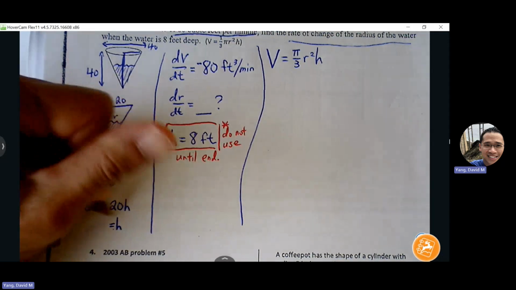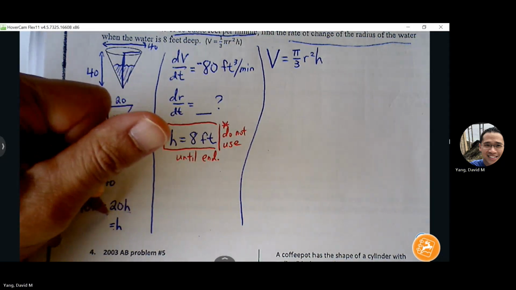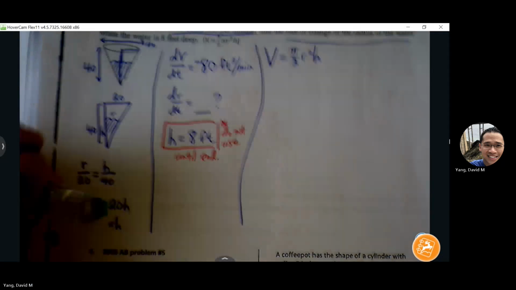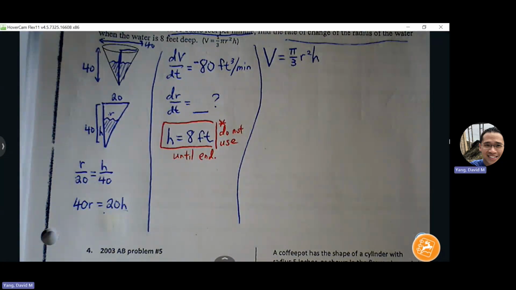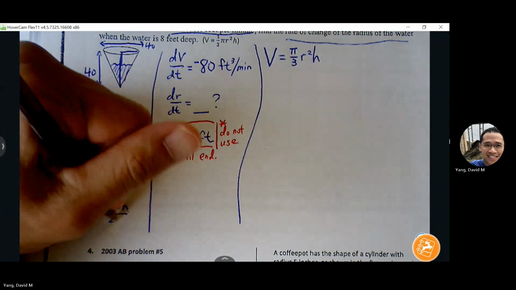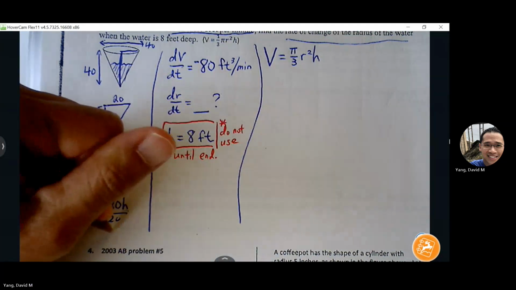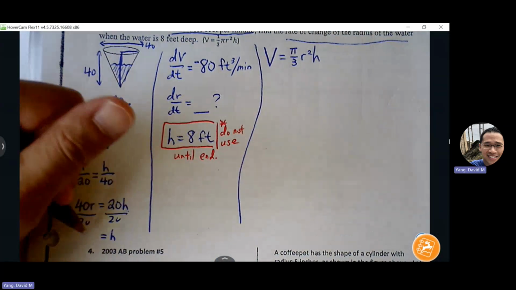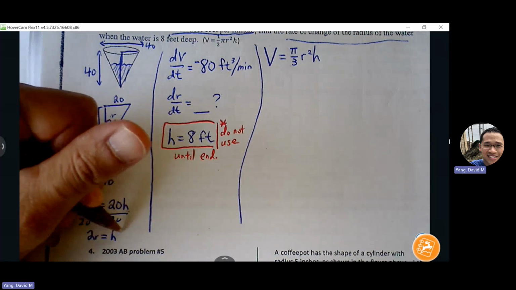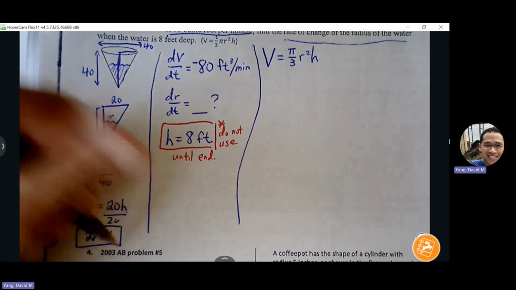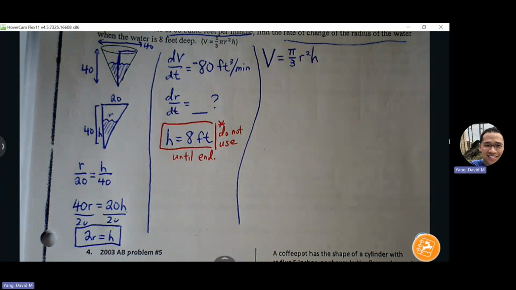To solve for h, divide both sides by 20. 40 divided by 20 is 2. We keep the r up top, so 2r equals h. So here's my substitution.